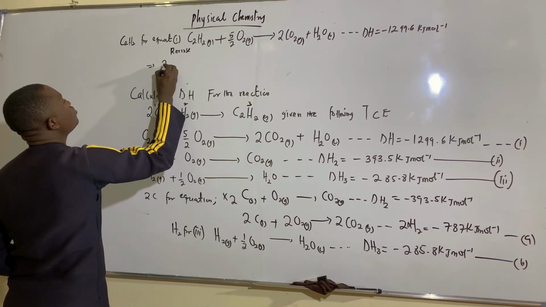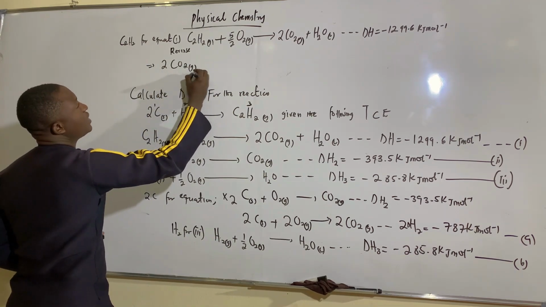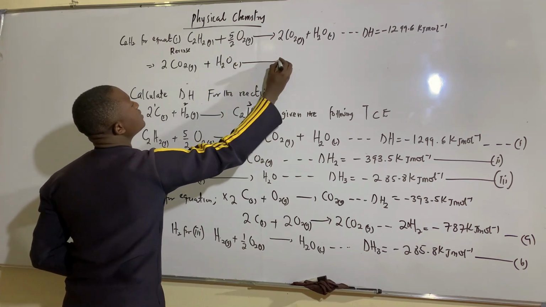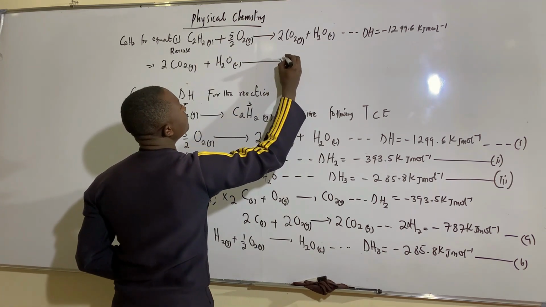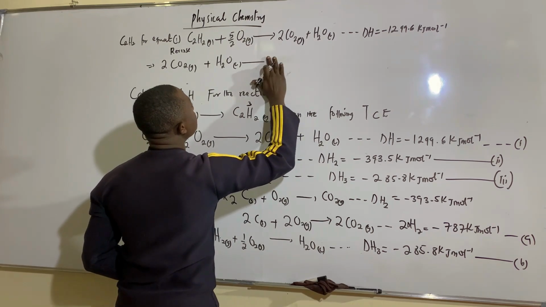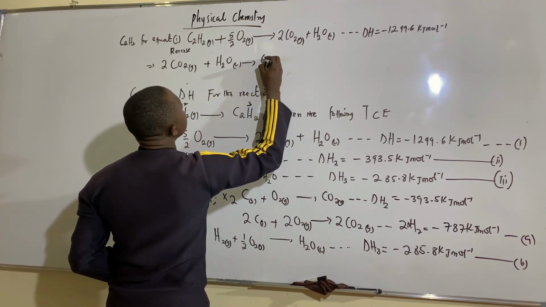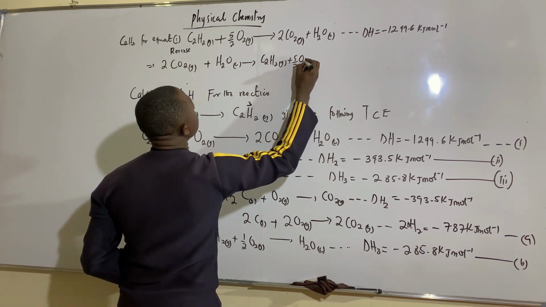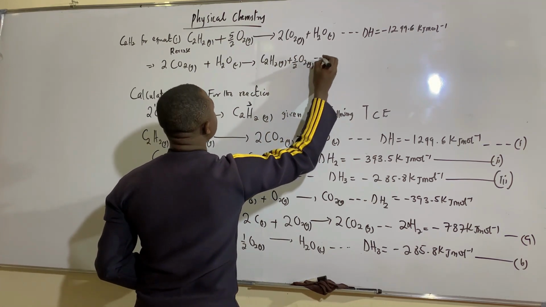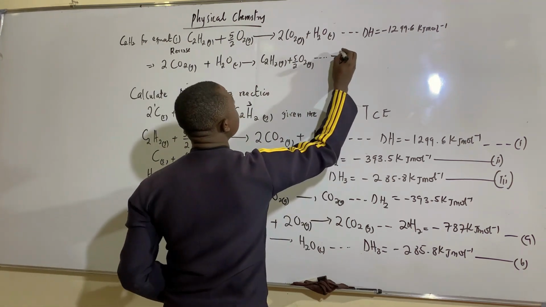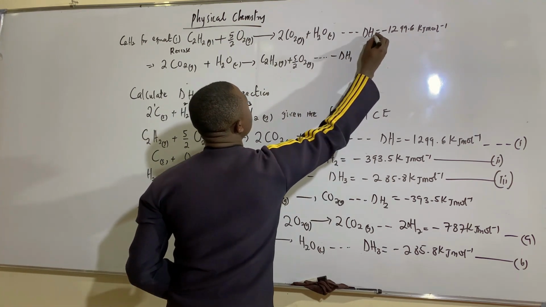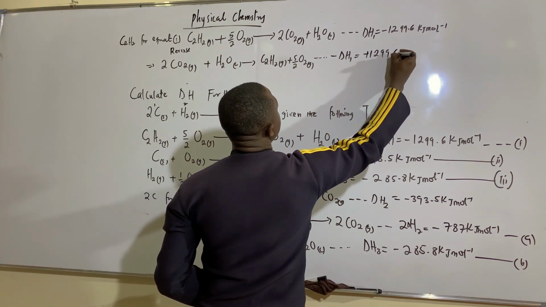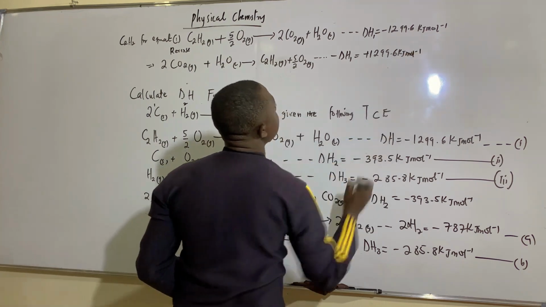So we have 2 CO2 first, plus H2O, which is liquid, and C2H2 plus 5/2 oxygen gas. I told you the energy level will change. So minus the first one equal to, this is minus, it comes to positive, plus 1299.6 kilojoule. Can you see that?